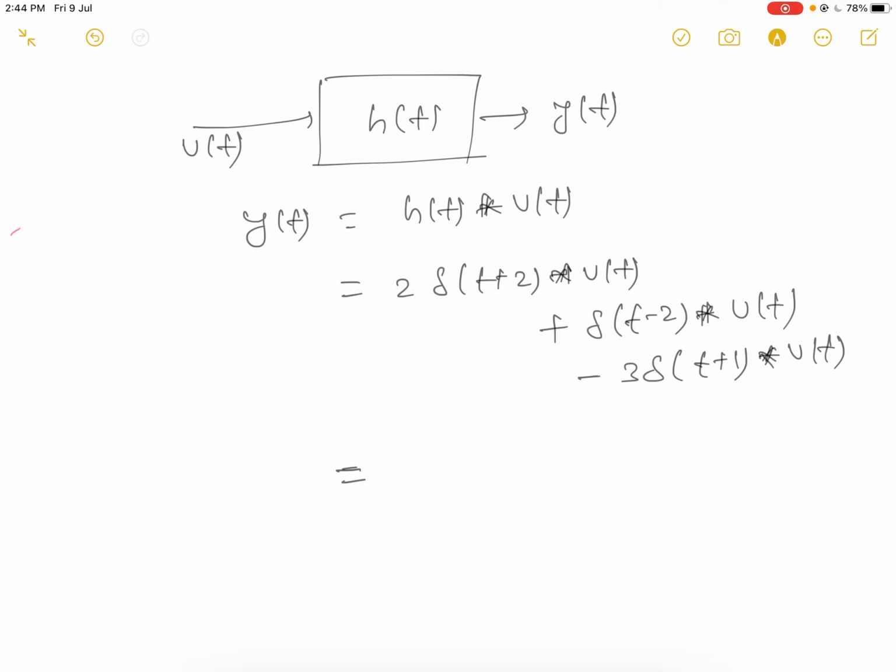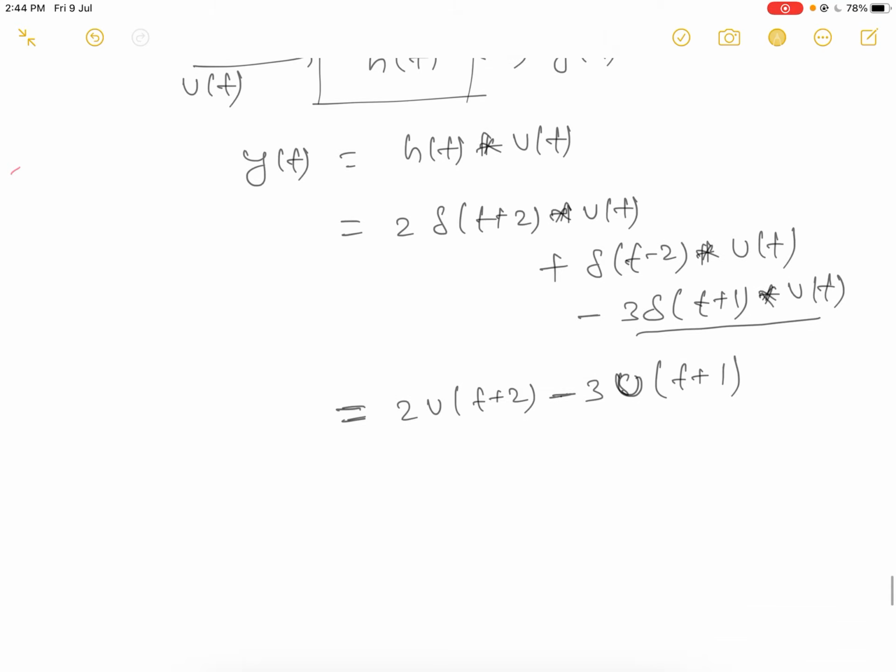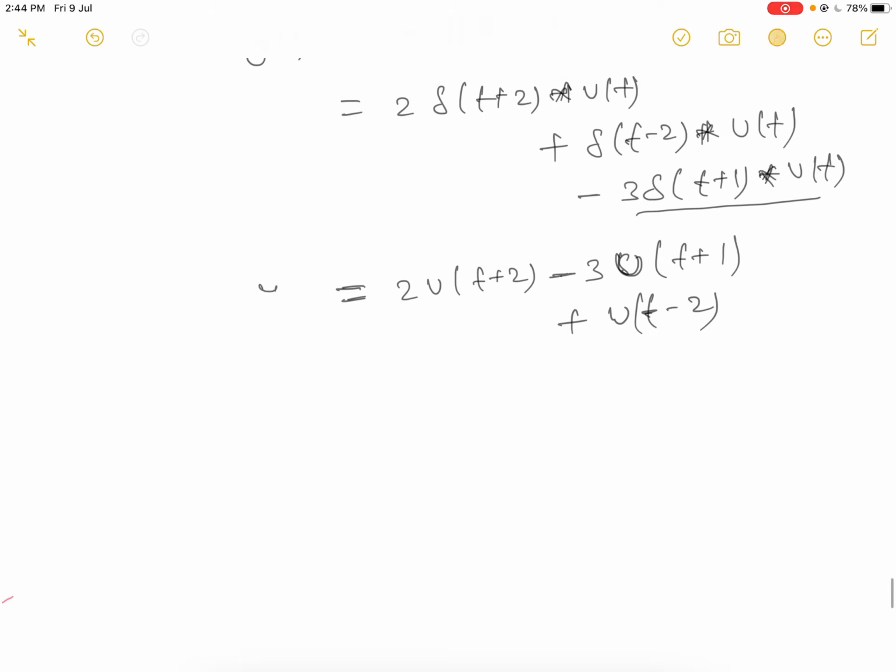After convolution, from the impulse response property, we get 2u(t+2) − 3u(t+1) + u(t−2). This one is y(t).